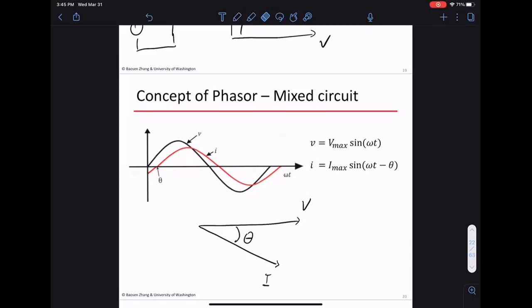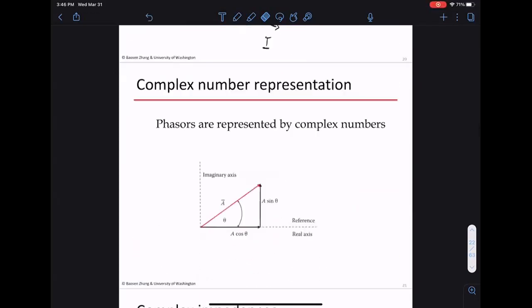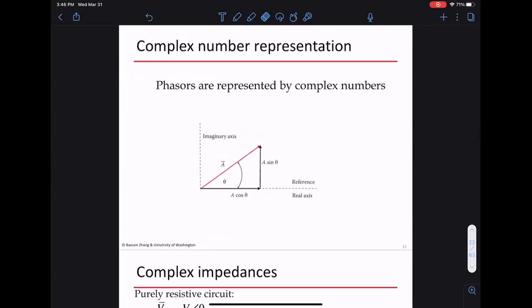Okay, so since we said it's a vector, you can think this has a magnitude and angle. Of course, it's represented by complex numbers, so the natural representation is complex numbers. When you have a phasor, we'll think of it as a complex number with magnitude and angle. So it has a sine theta and a cosine theta.